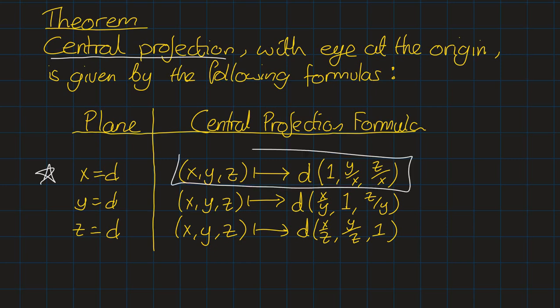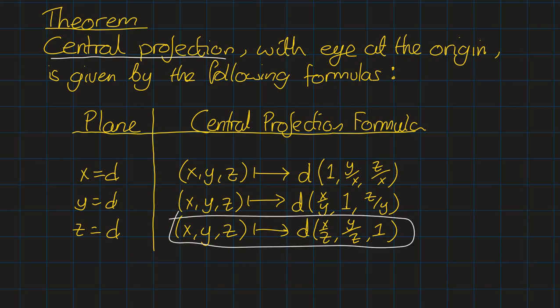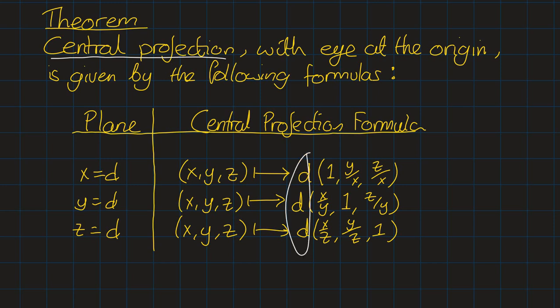You can do the same calculation for y equals d and for z equals d. If you do y equals d, you get this formula here, and if you do z equals d, you get this formula here. Notice there's a pattern. You need to remember this however is best for you, but the way I remember is you always times by d. If you're doing it onto an x plane, you divide all the coordinates by x.